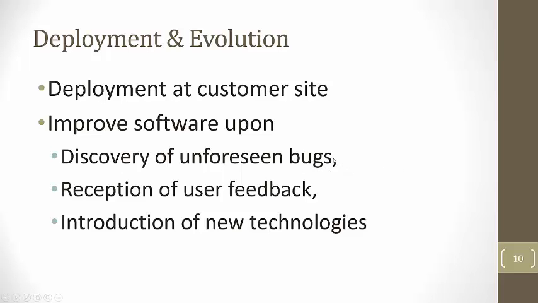For example, as far as payment systems are concerned, for a later version of the software we can create a new payment system, for example, using Apple Pay. That would be an example of introduction of new technologies that would require us to go back and improve our software. Okay, and these are the 4 phases of the development life cycle.